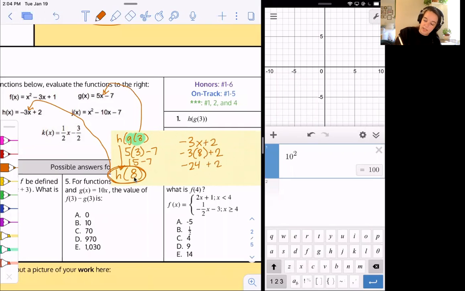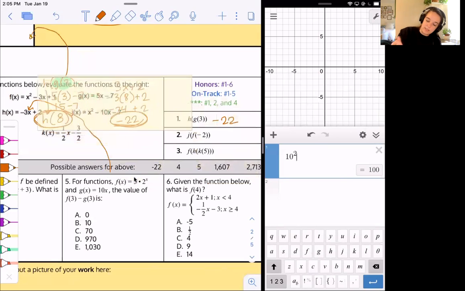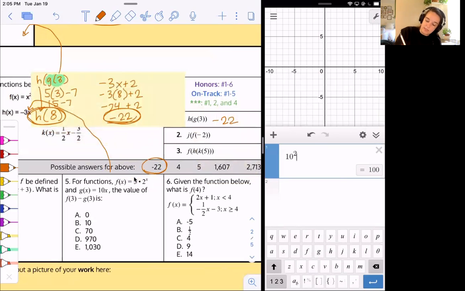Use my calculator. Negative 24 plus 2 is negative 22. So my answer, negative 22, goes here. And I can check my possible answers, and I see that negative 22 is one of those answers. And that is how I would do that first one. Okay.